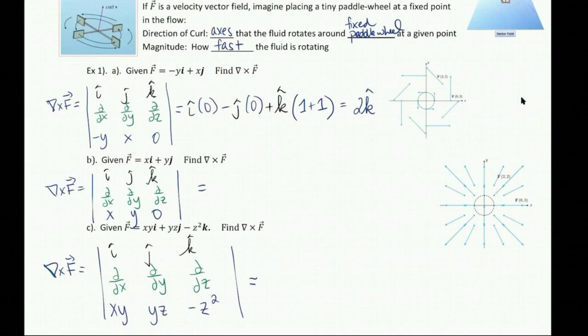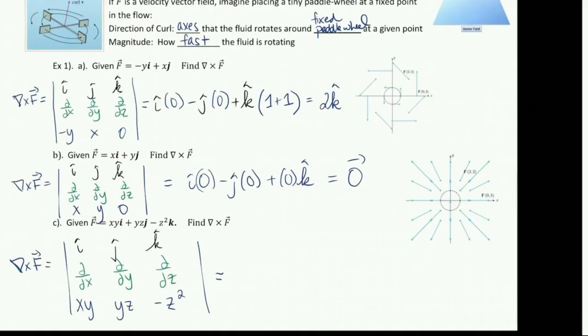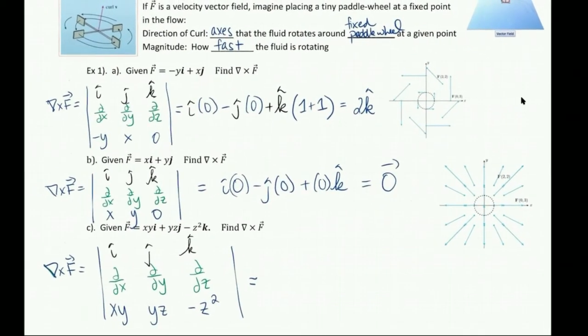And we can see that just by calculating this algebraically here, where I get 0i minus 0j plus 0k. So this is a vector field that has zero curl everywhere. And we have a name for that. In general, if a vector field has zero curl at all points, it's called irrotational.